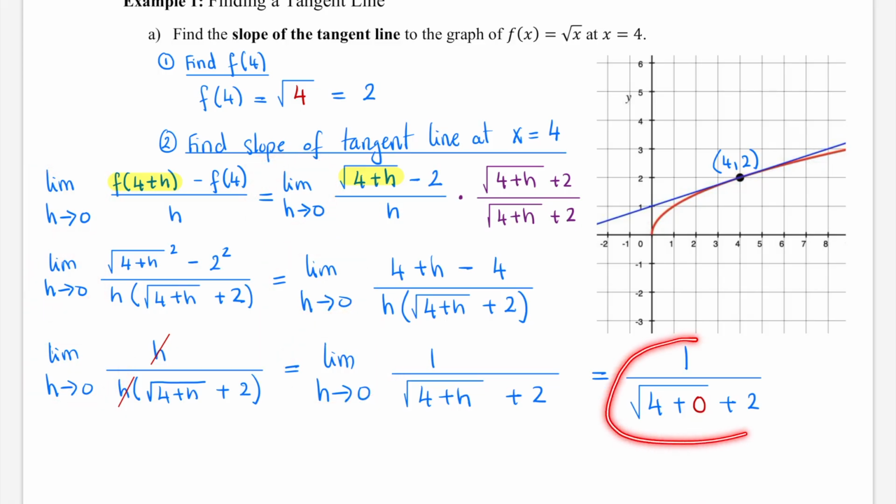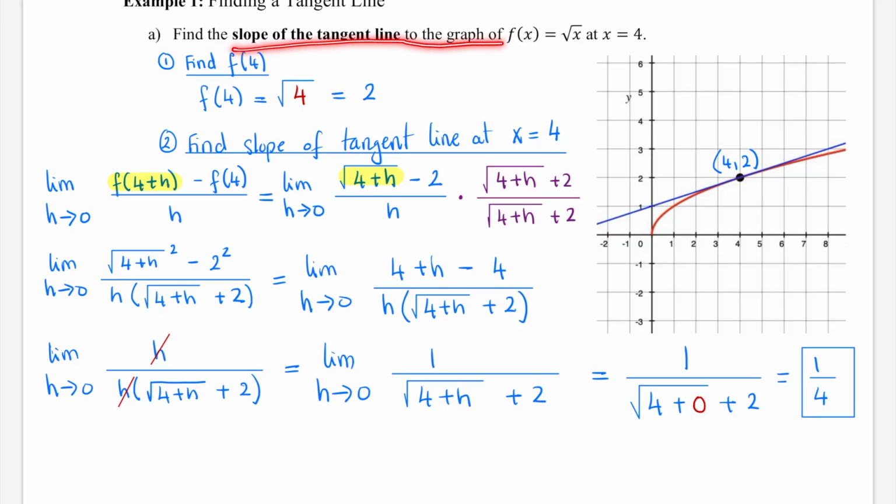Now, evaluate this expression. 4 plus 0 is 4. Square root of 4 is 2. 2 plus 2 is 4. So I have 1 over 4. The slope of the tangent line to the graph of f of x equals square root of x at x equals 4 is 1 over 4.